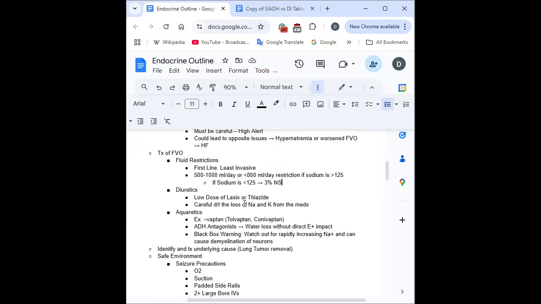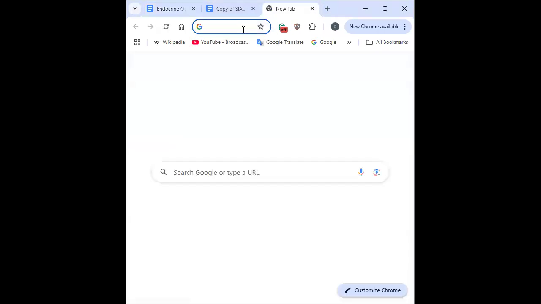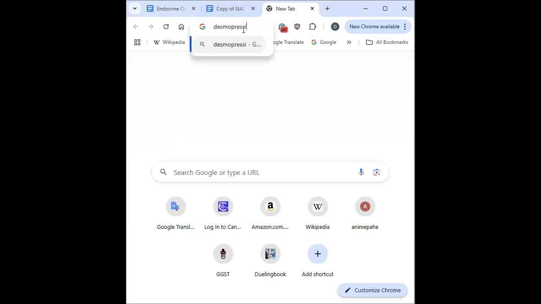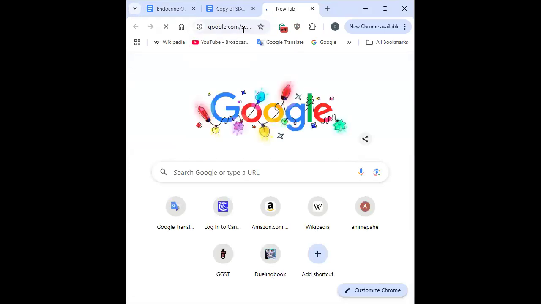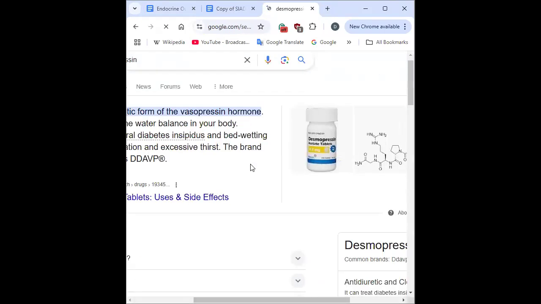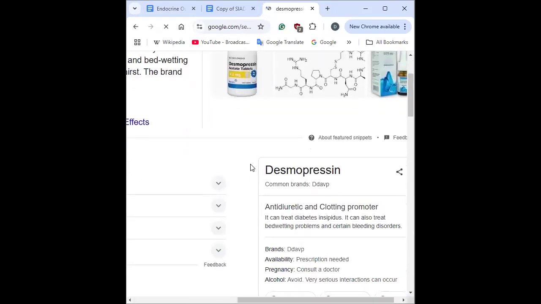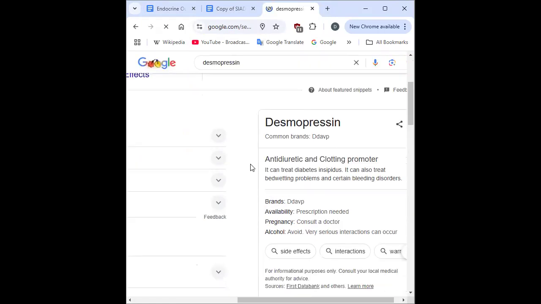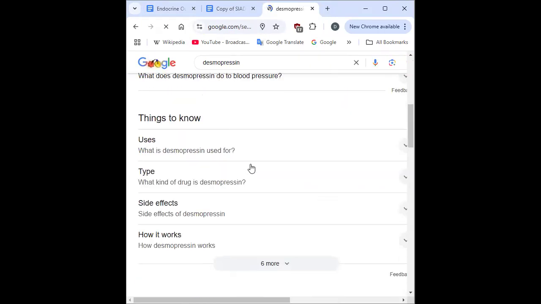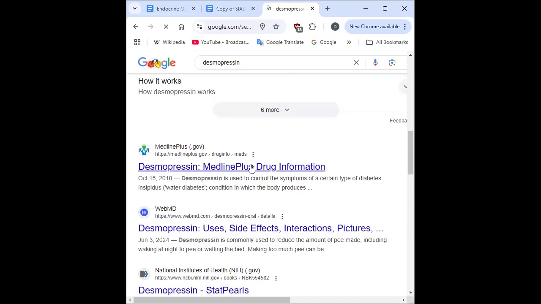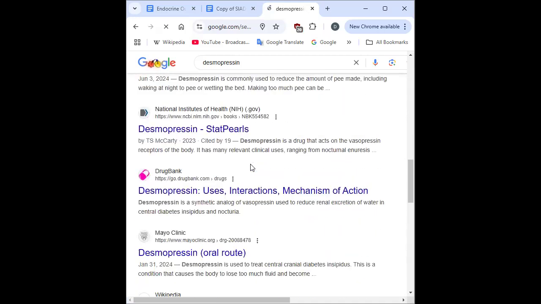Desmopressin is the synthetic form. So vasopressin and desmopressin are the same med. I believe one's the generic and one's the brand name. I think desmopressin is the brand name. They're both a synthetic analog of vasopressin.